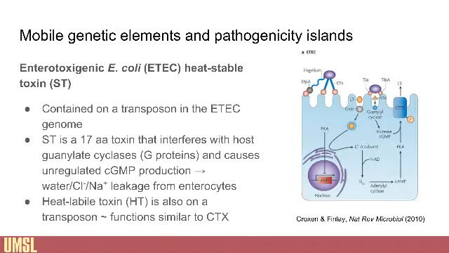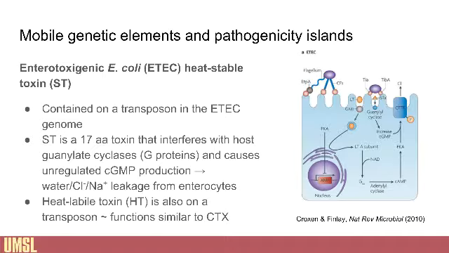Or cholera toxin. You're essentially ADP ribosylating those, and so you have uncontrolled guanylate cyclase activity, overproducing cyclic AMP or cyclic GMP, other cyclic nucleotides, and that induces efflux of chloride anions, which begins driving water and sodium leakage from enterocytes.